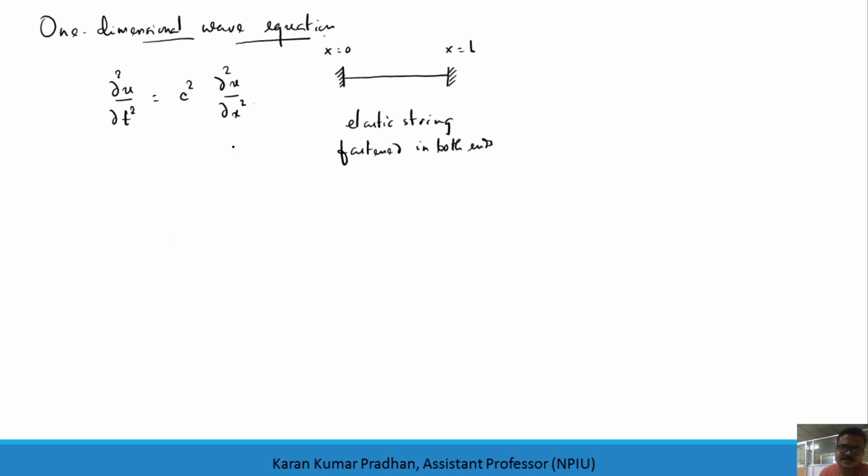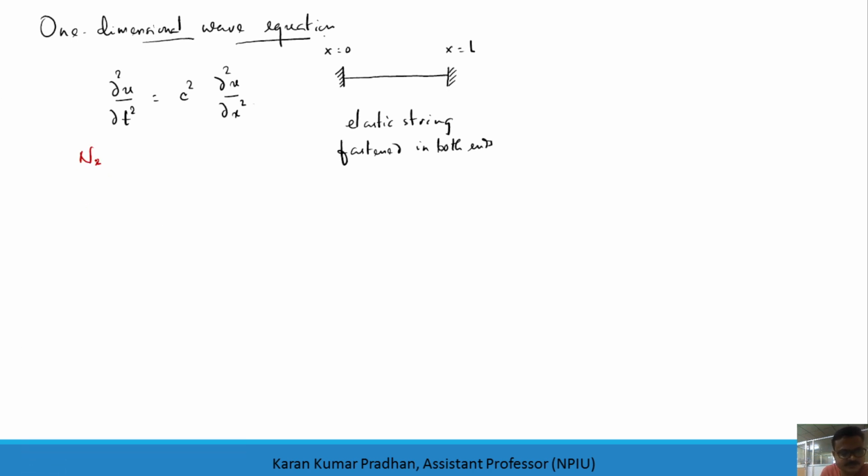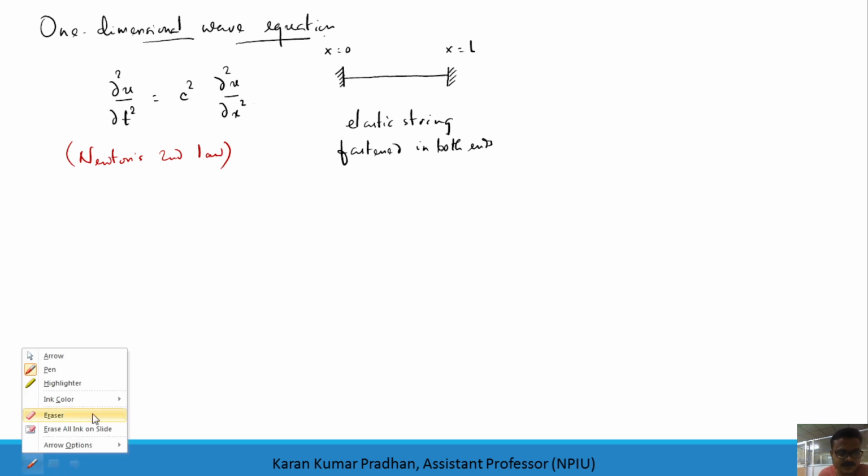This is a second order linear partial differential equation, a hyperbolic PDE, as I told you in the previous class. This part gives the acceleration, and this governing equation is found from Newton's second law of motion.